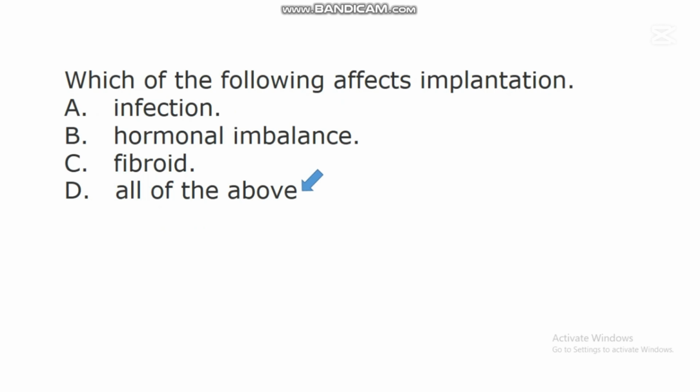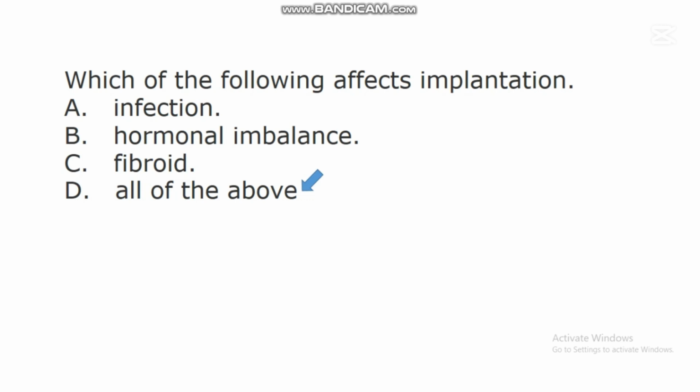Hormonal imbalance is also another factor that can affect implantation, because implantation is regulated by hormones in the body system of a woman. So when the hormones that play a great role in implantation are lacking, or when their level is not in order in the body, it can affect successful implantation.